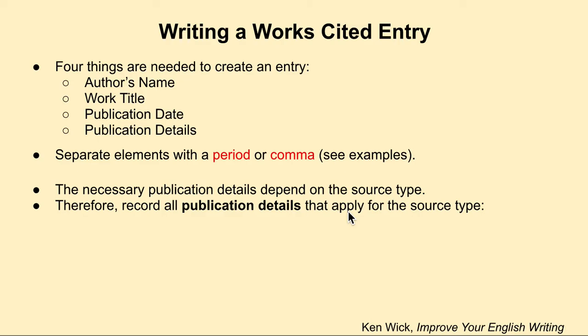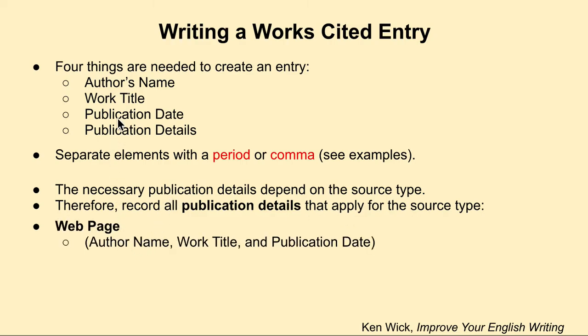Not all of them are going to apply for every source type, but here are the various things to consider for each source type: a book, a journal article, a magazine article, or a website. We're going to do website first just because it fits on this slide. For a web page, I'm just going to repeat this, to make sure that no one accidentally leaves out the first 3, so I'm putting those in parentheses.